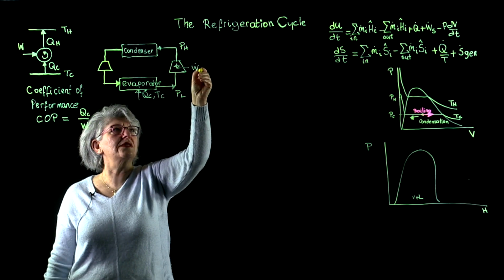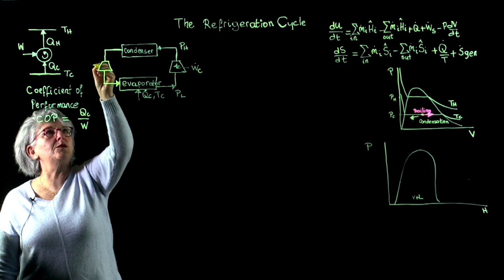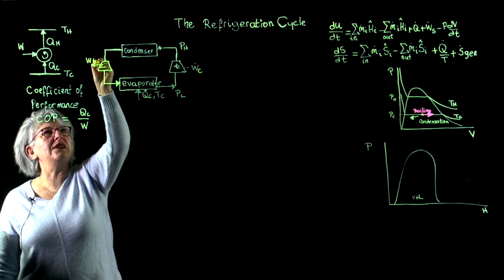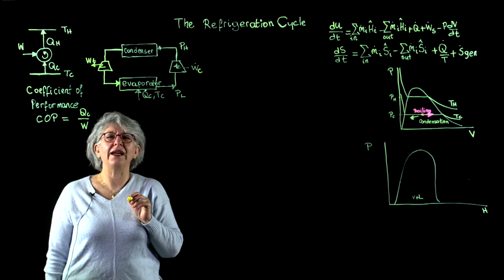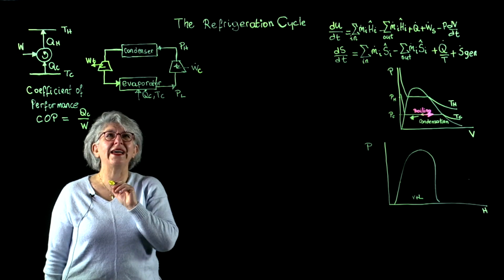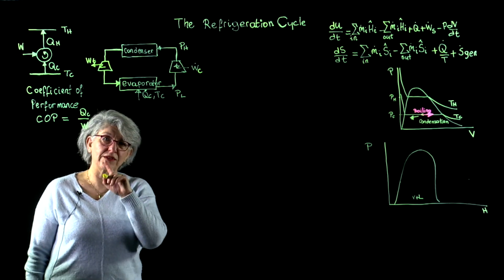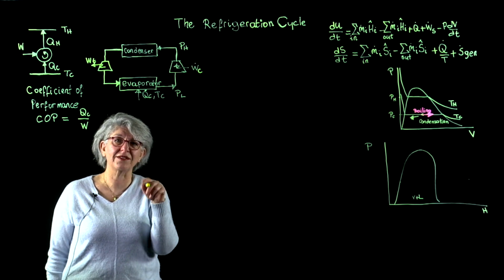So I will call this W sub C for the compressor work. I'm going to do WT for the turbine work, and I have now sketched a Rankine refrigeration cycle. So the steam engine was the Rankine power cycle.